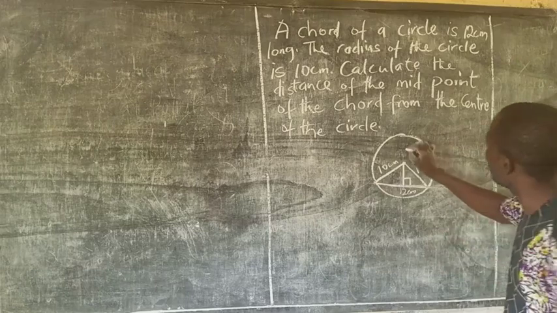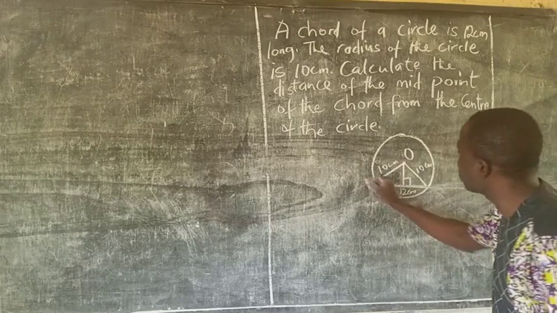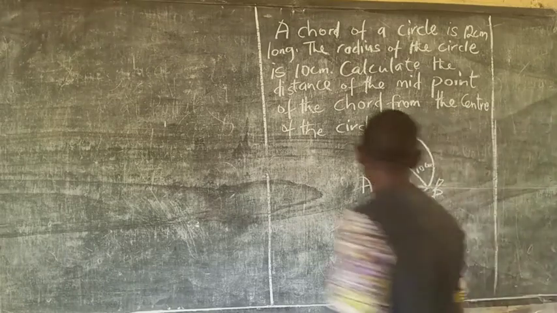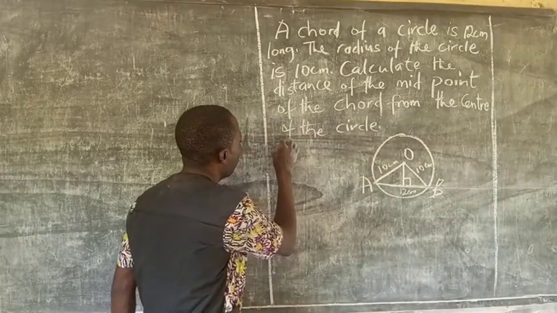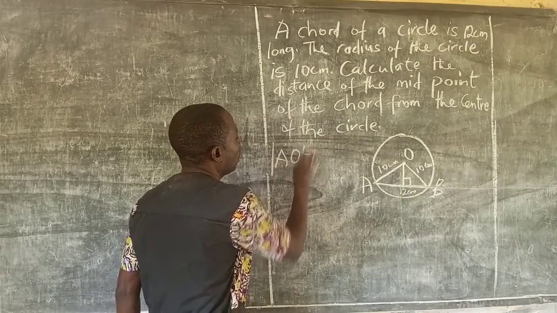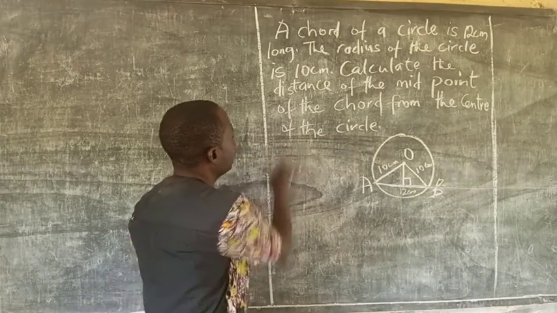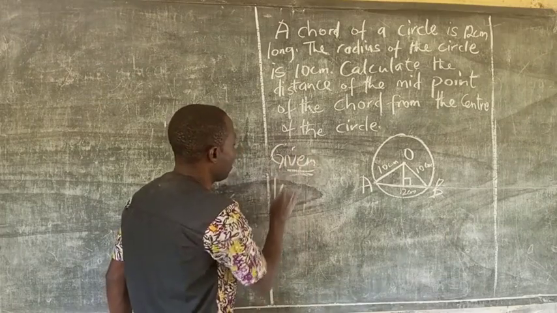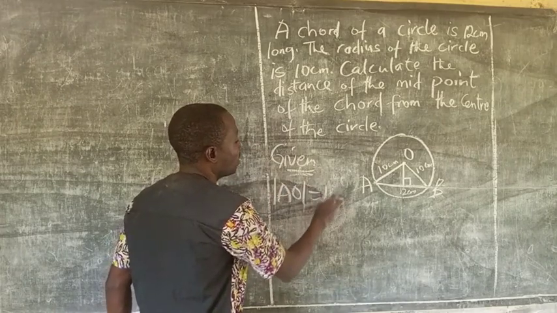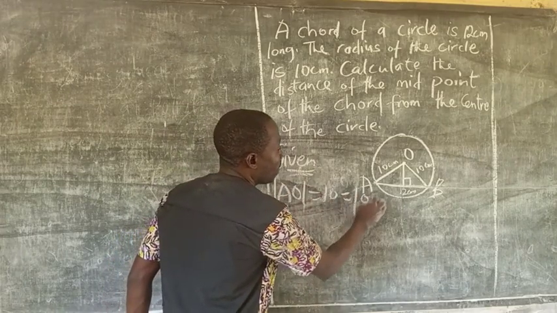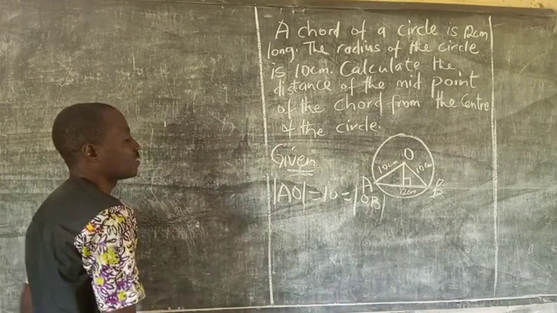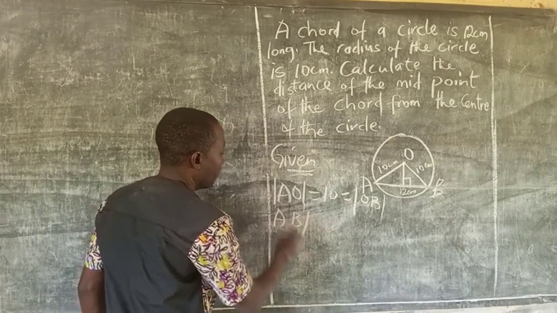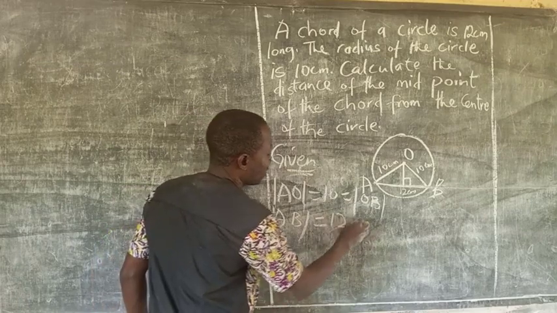If this is the center, let's call it O, and let's call this point A, and this point B. First of all, what we are given: line AO is equal to 10 centimeters, also equal to line OB, and line AB is 12 centimeters.